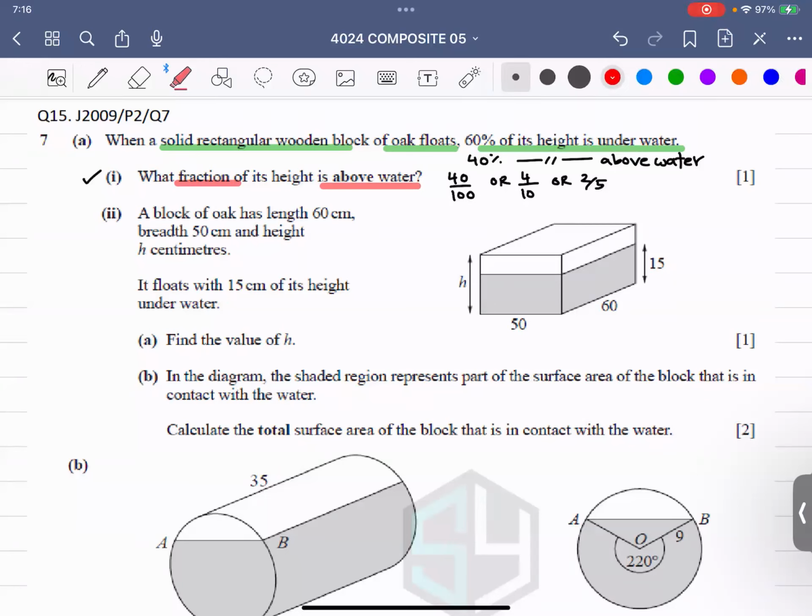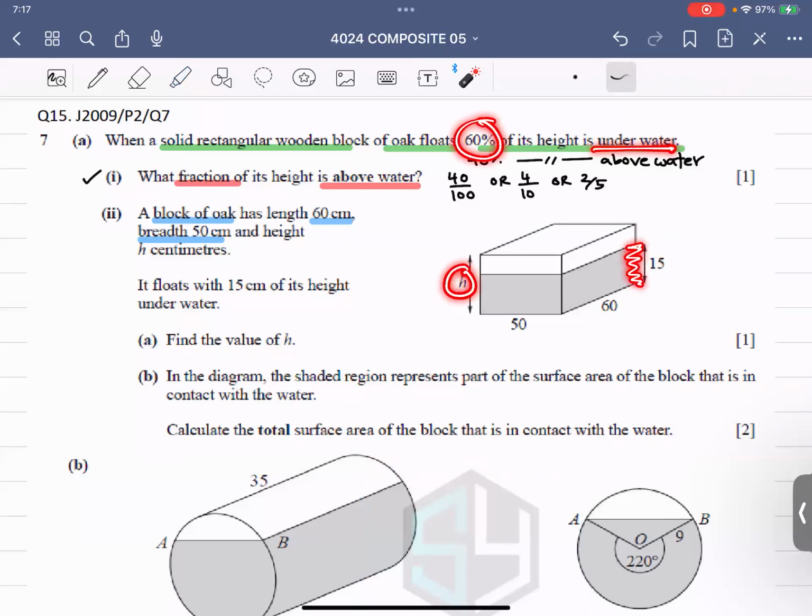Now let's move ahead and read the other parts. The other part says that a block of oak has a length of 60 centimeter, width 50 centimeter, height h centimeter. It floats with 15 centimeter of its height underwater. Find the value of h. Now the total height is h, 60% is underwater.